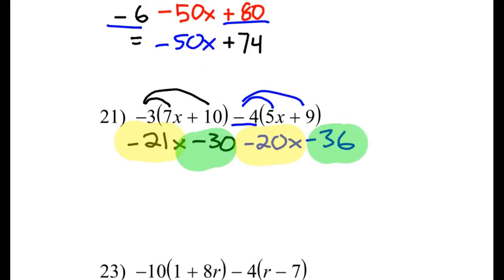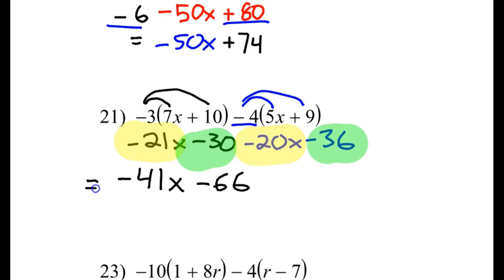And if you're not sure about the positive negative, just use a calculator just to make sure. I don't want you doing all the algebra correct, and then you just mess up on -21 minus 20. So no reason to miss any algebra problem because of arithmetic. You can always check. -41x and -30 minus 36 is -66.